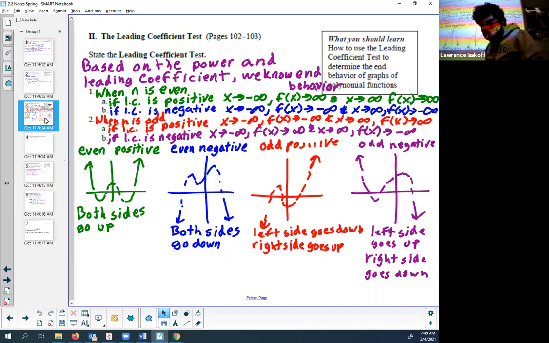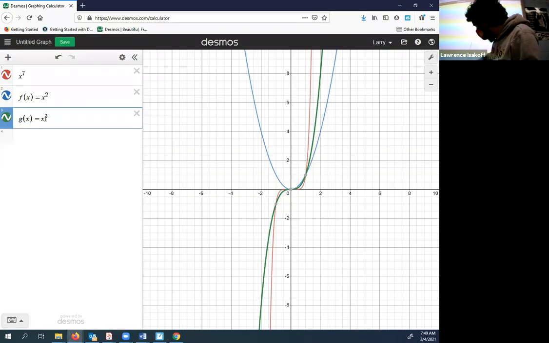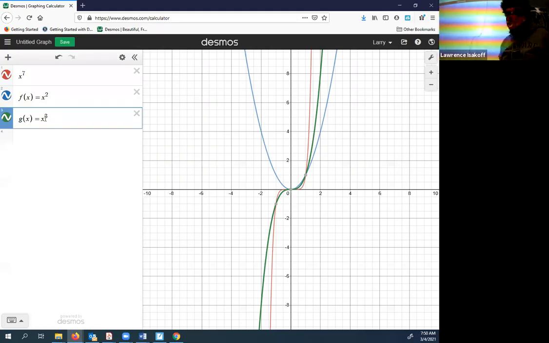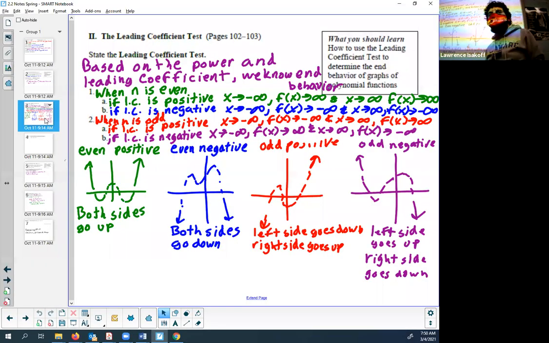So if we look just at the cubics we just had, the left side's going down on both the cubic and the x to the 7th, and the right side's going up. They could do some weird squiggly stuff in the middle, but the left side's going to go down, the right side's going to go up.